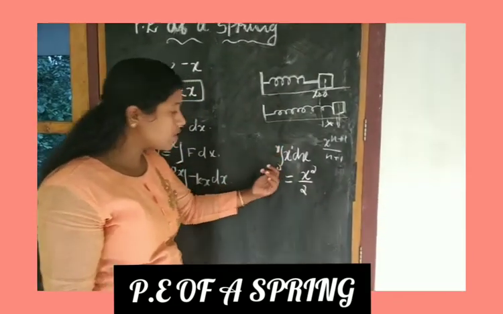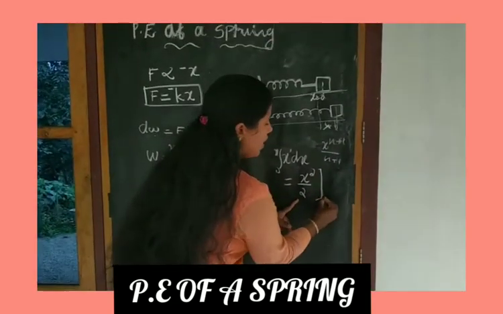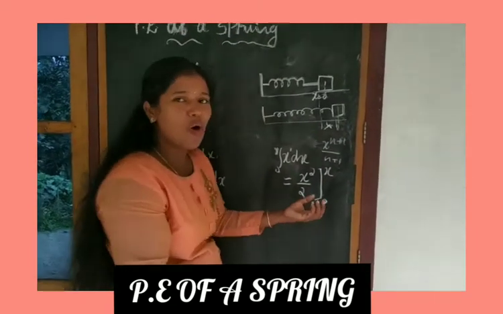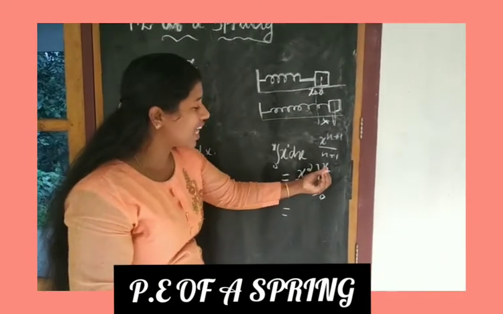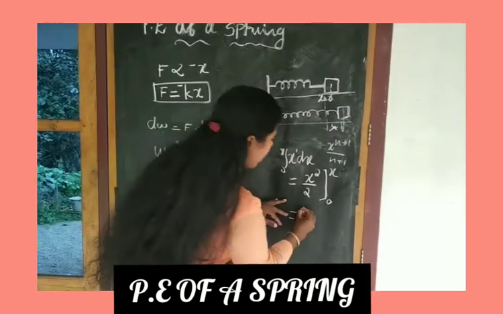Then we have to substitute the limits, lower limit 0 and upper limit x. First we substitute x in place of x, then we get x squared by 2.